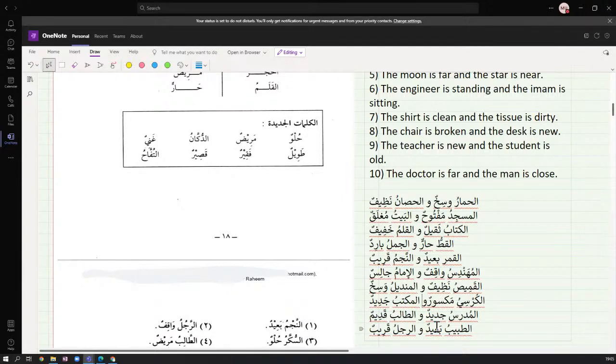Maybe try and use a dictionary. So the first sentence, I haven't typed them up here, I'll just read them out and then give you the translation. The first sentence was Allahu ghafurun wa rahimun, which should translate, Allah is forgiving and merciful.